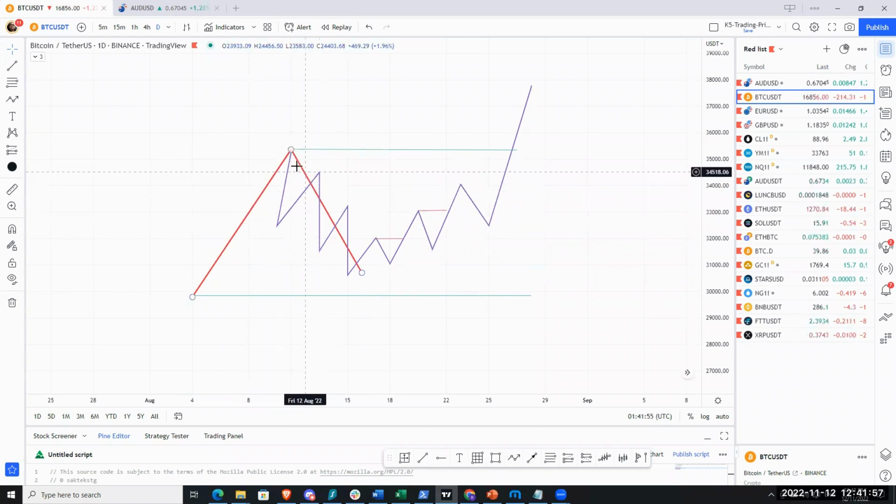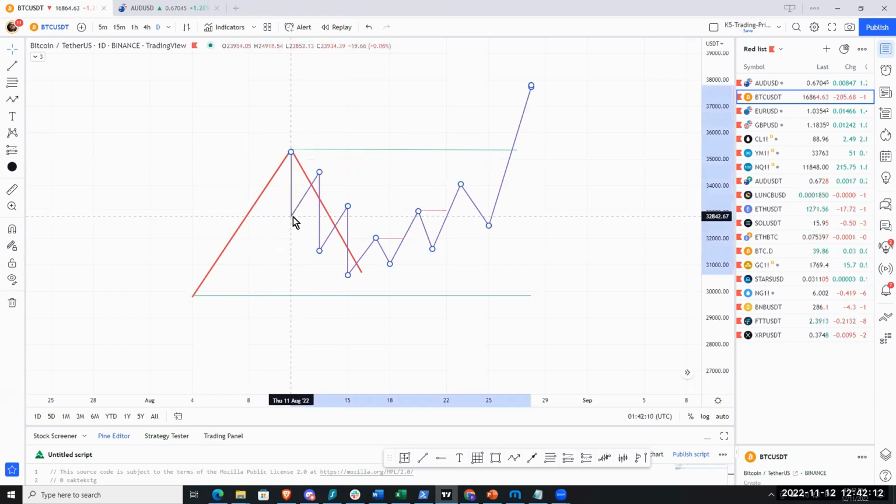So let's say, for example, the market reached this external structure stop, then it retraces. And whether this retracement breaks the previous structure here or not, we don't care about right now. We will talk about this later on. Okay. So the market makes a low, and then the market makes another high, but fails to break the previous high.